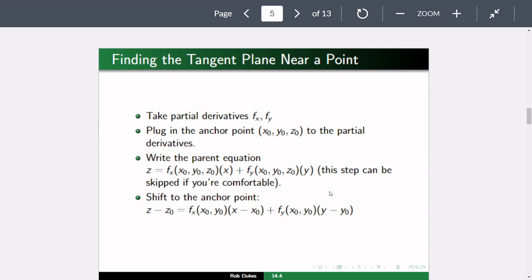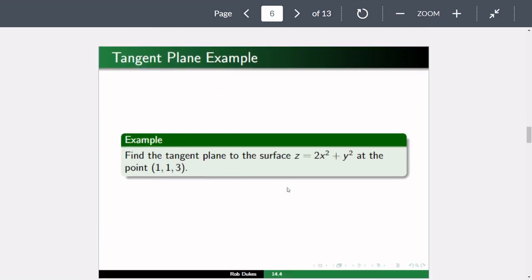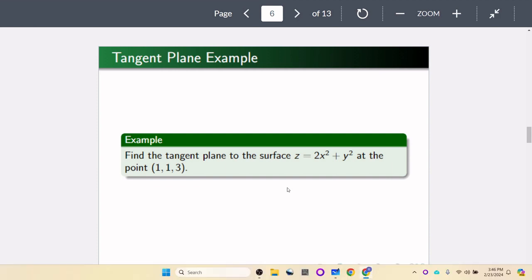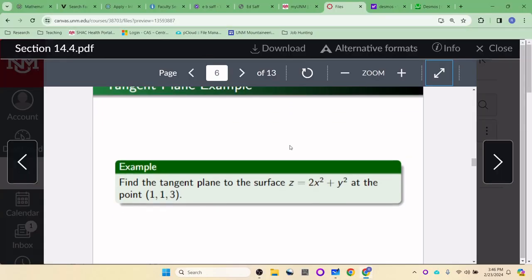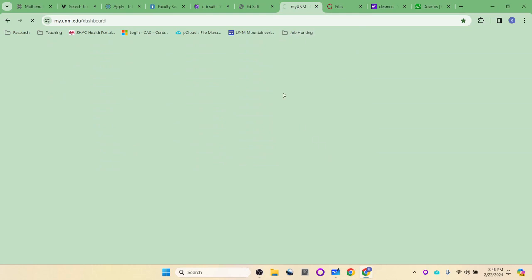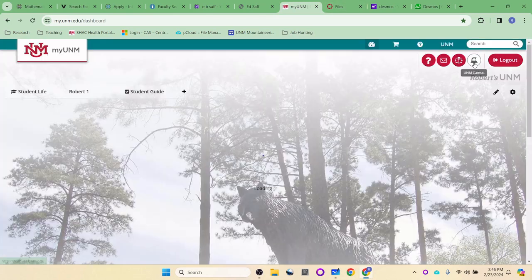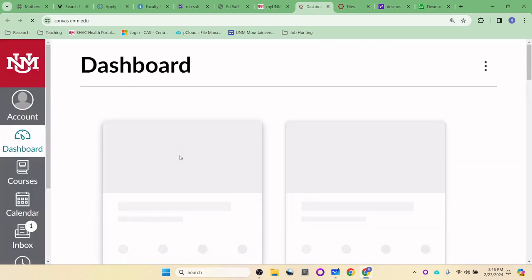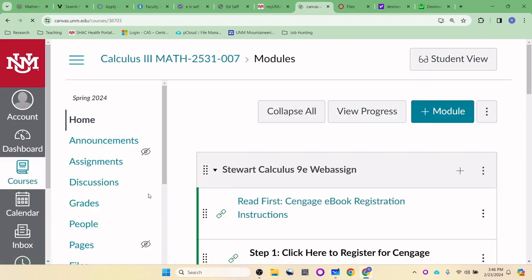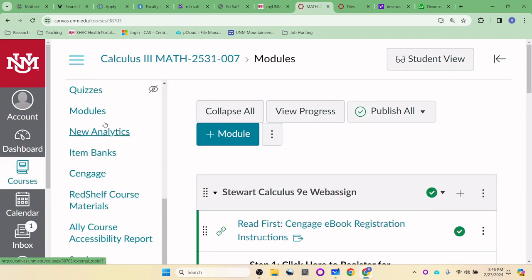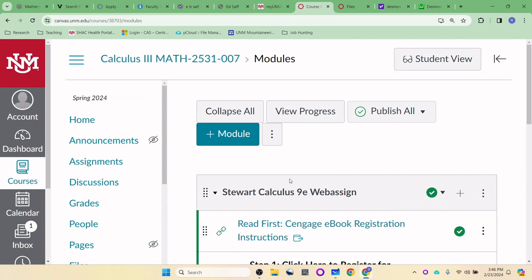All right, let's go ahead and do an example. Find the tangent plane to the surface z squared equals 2x squared plus y squared at the point 1, 1, 3. So, how do we do this? I'm going to go ahead and open up our graphing because I'm going to want to look at the graph when we get the chance.